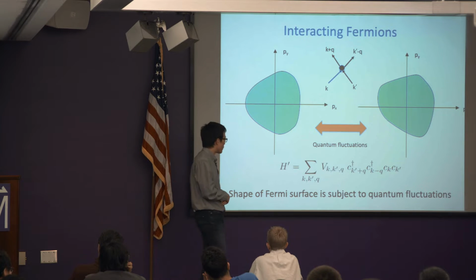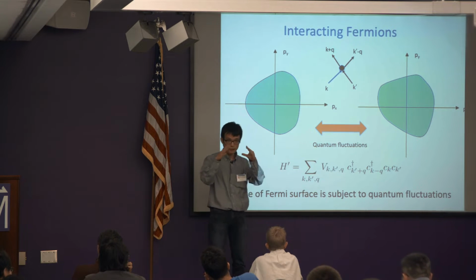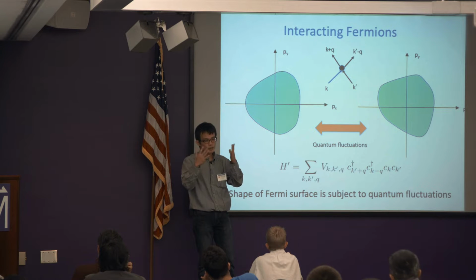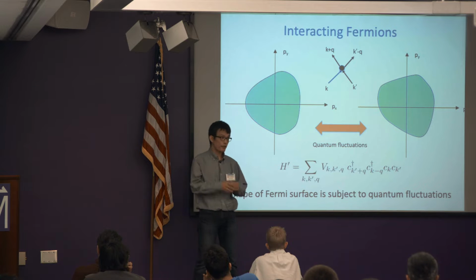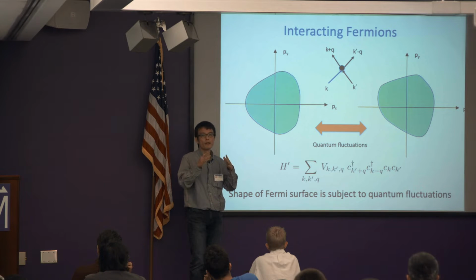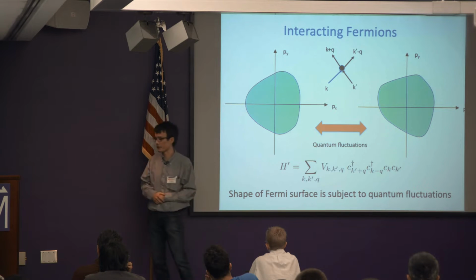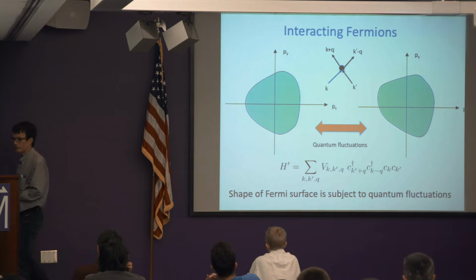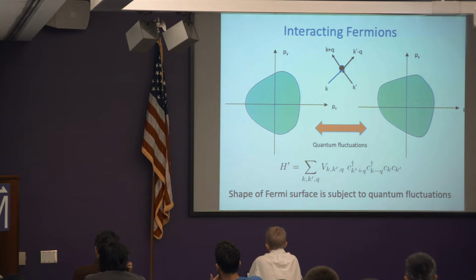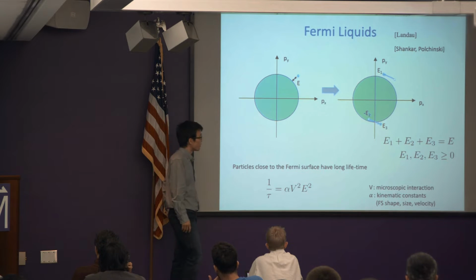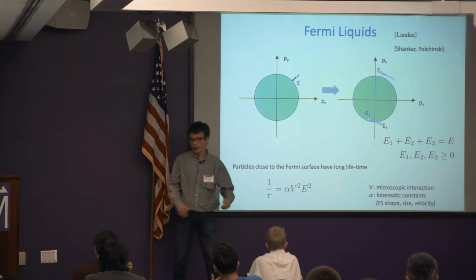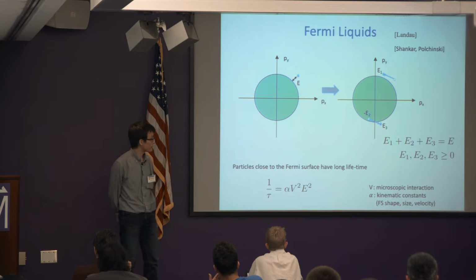Naively, one would think that the Fermi surface will fluctuate at a time scale dictated by the microscopic interaction strength, and then you may think that there will be no sharp Fermi surface at all. That's the naive expectation. But Landau, and later more systematically in RG language Shankar and Polchinski, taught us that this is not the case.